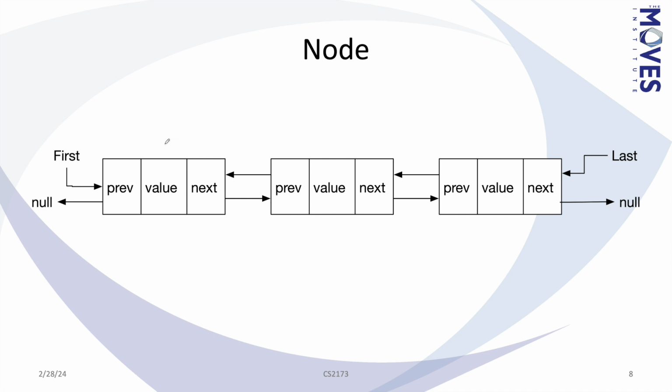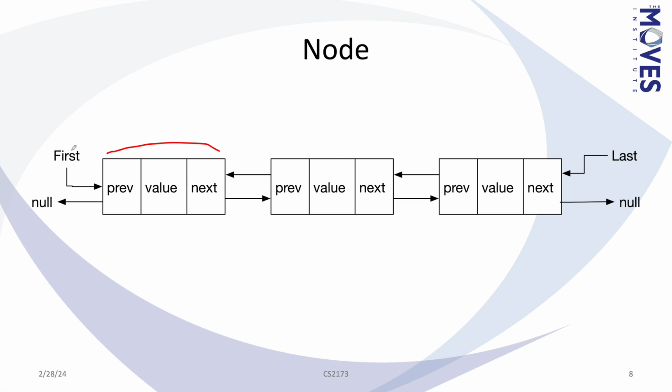Each of these nodes has three pieces of data. You have the value itself that it's holding, and here we're going to define it using ints, but you can put anything. Then you have a reference to the previous one and a reference to the next one.